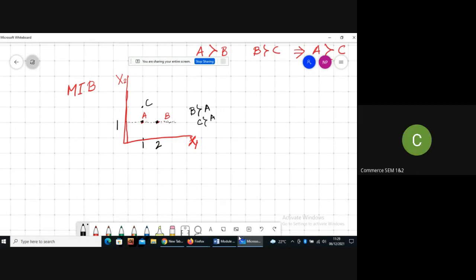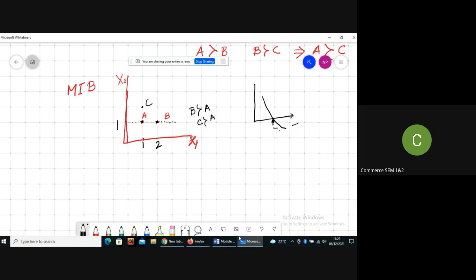When we are talking about the marginal utility function in the cardinal utility approach, we are saying that if you consume more and more of the same commodity, after some point marginal utility becomes negative.